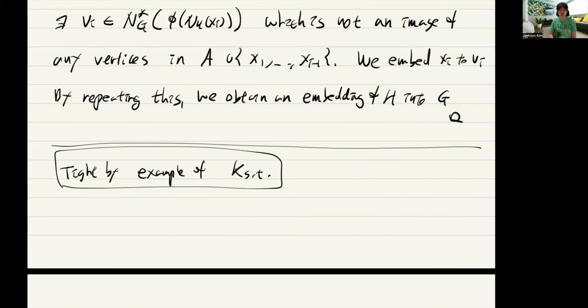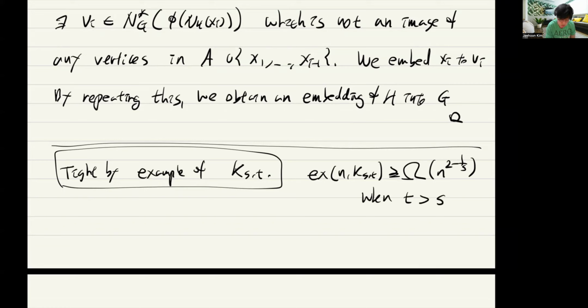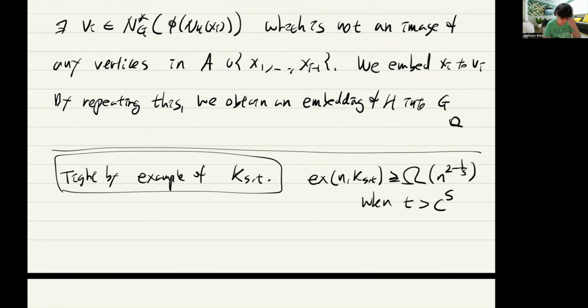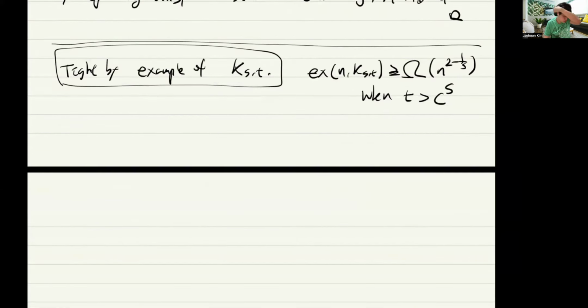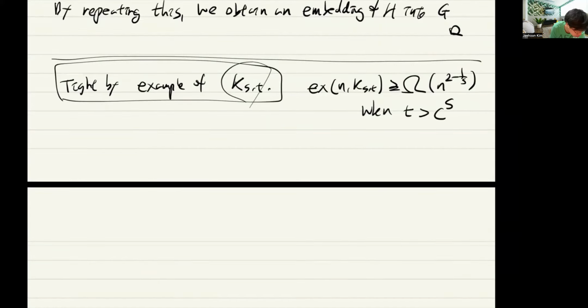When t is large, we know that this extremal number is big omega of n to the 2 minus 1 over s. We know that when t is much larger than s, say C to the s, that's the Book theorem. So this shows that the above theorem is tight.